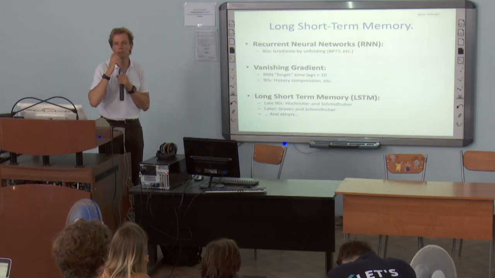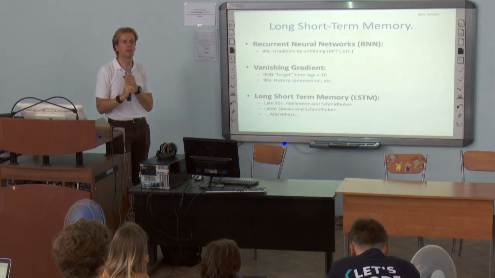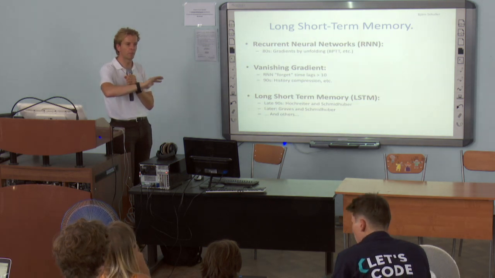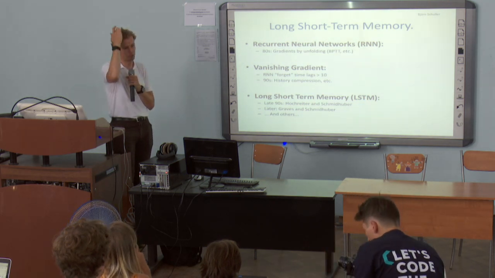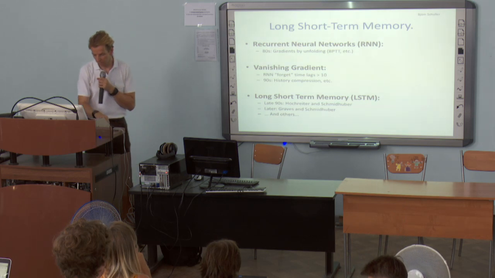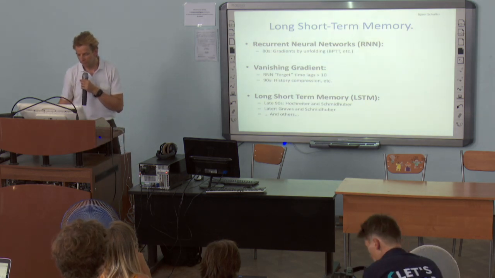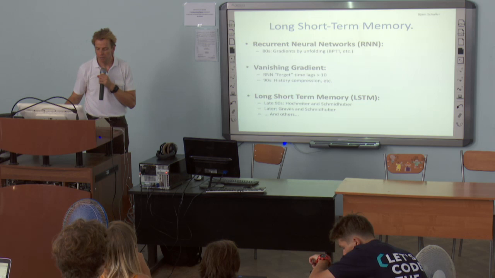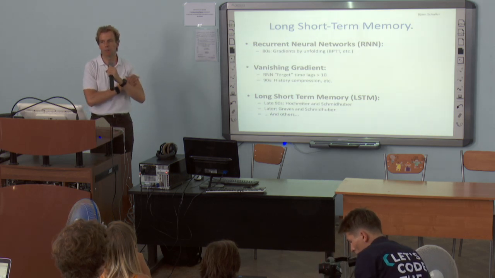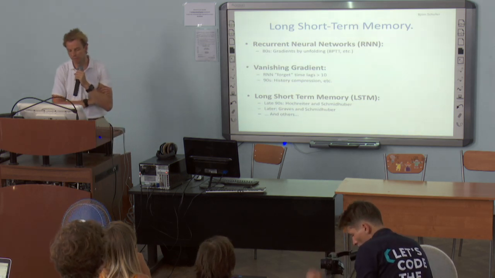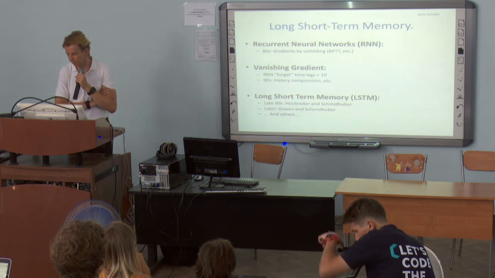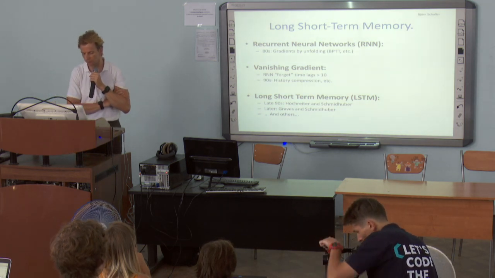The information has vanished after 10 steps in time. So something that happened 11 steps earlier has absolutely no impact on the current decision, and in fact it's a negative exponential decaying function. So the influence of former events hardly impacts later events if time becomes larger.